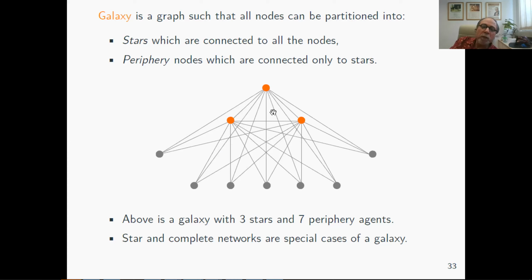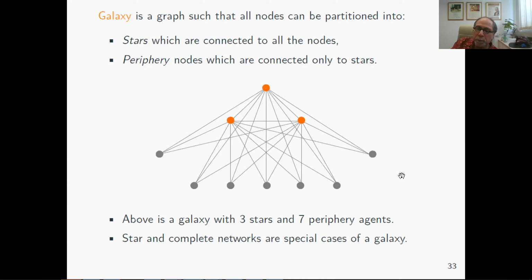How do you get to a galaxy cluster from a galaxy? You partition the periphery, and in each component of the periphery there are no links within the component, but there are links between every node in this component and everybody else in the periphery and everybody else in the graph. But we know that there are already links with the stars.